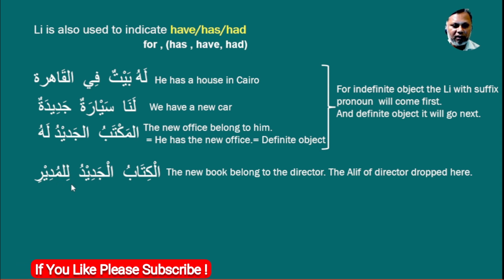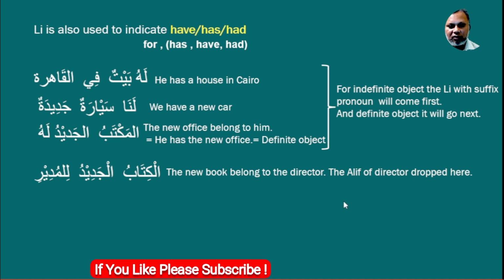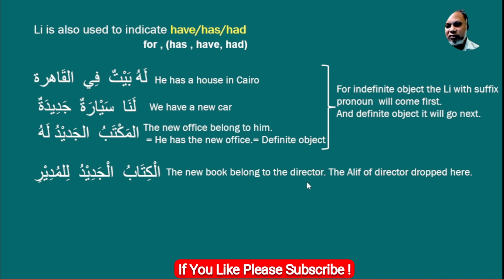Whenever li is attached to the definite article al, then the alif will drop out, be omitted. This is the rule. That's why there is no alif. The alif goes out, only lam is there. Lil-mudiri. Al-kitabu al-jadidu lil-mudiri. The new book belongs to the director, or the director has a new book.